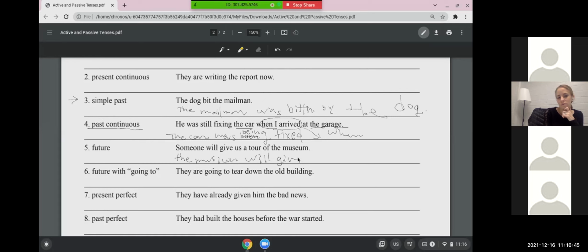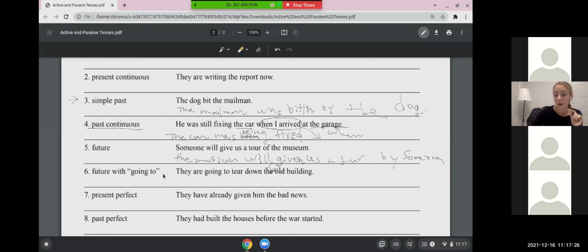Will be given us a tour. Well, I think it's given. The museum will give us a tour by someone. Will be given us a tour. Yeah. Will be given us a tour by someone.